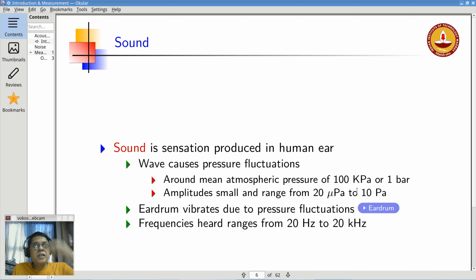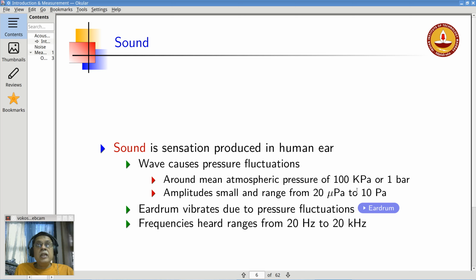Sound is essentially a sensation that is produced in the human ear, and that is because, as we talked about with waves, these waves create a disturbance in the atmosphere, which is called pressure fluctuations, about the mean atmospheric pressure of 100 kilopascals, which is 1 bar typically at mean sea level.